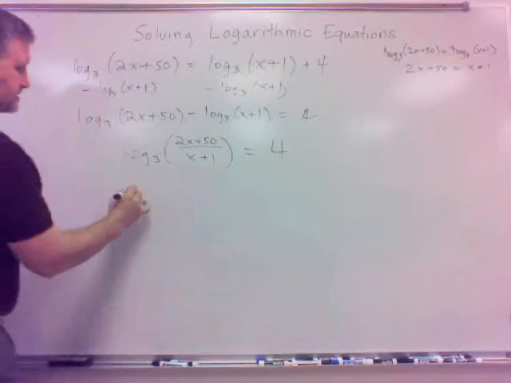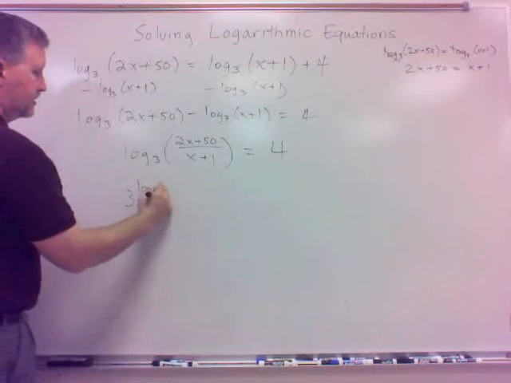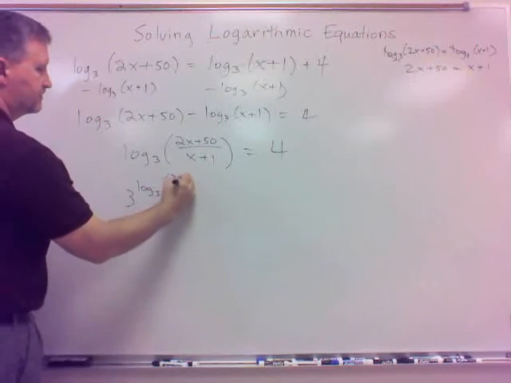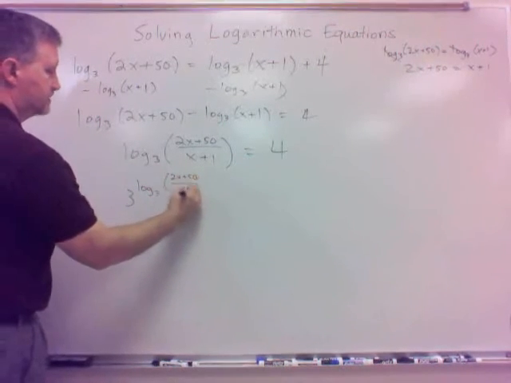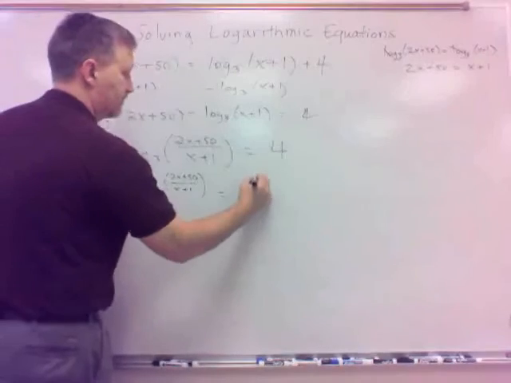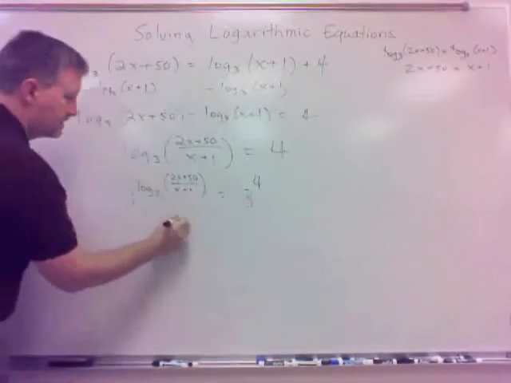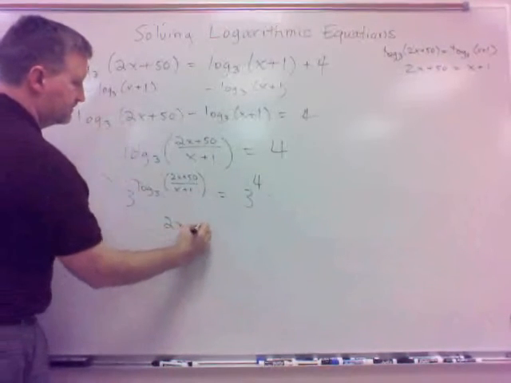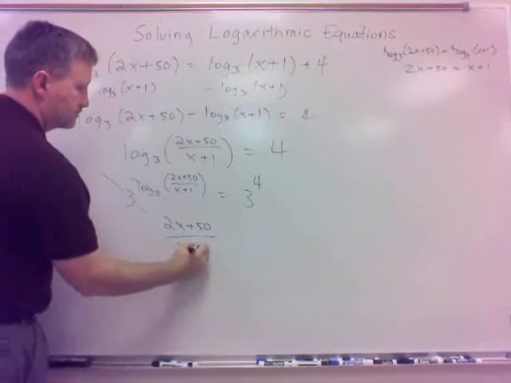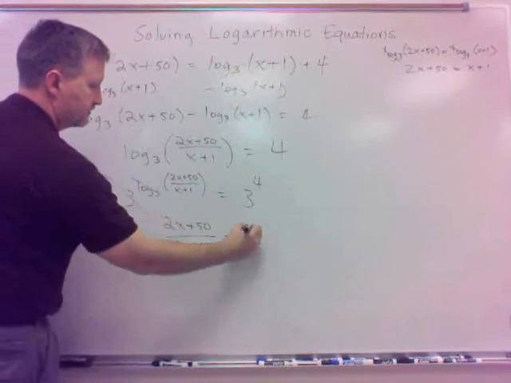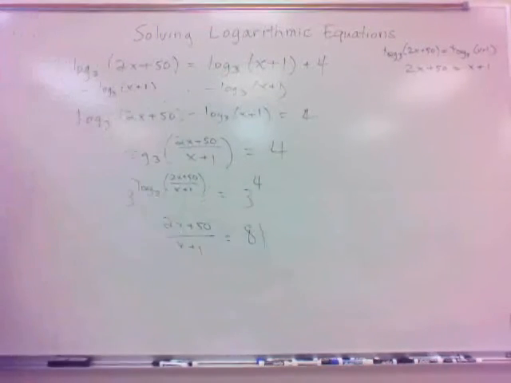Now I can exponentiate both sides, base 3. So I have 3 to the log base 3 of 2x plus 50 over x plus 1, equals 3 to the 4th. 3 and the log base 3 cancel, so I have 2x plus 50 over x plus 1 equals 3 to the 4th, 81.